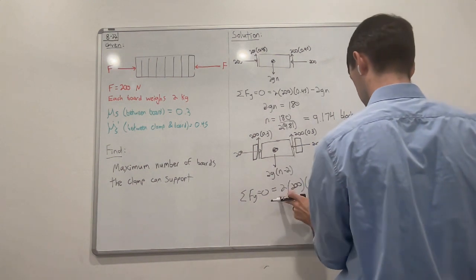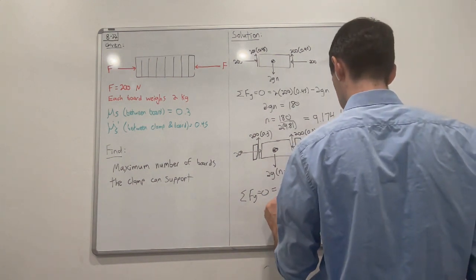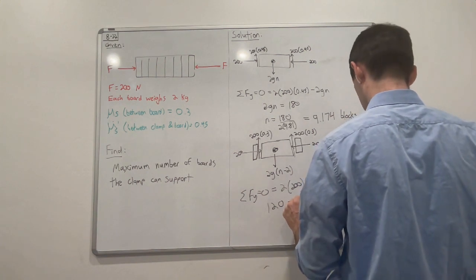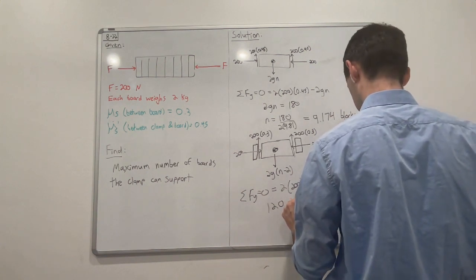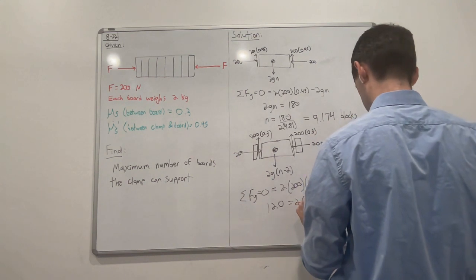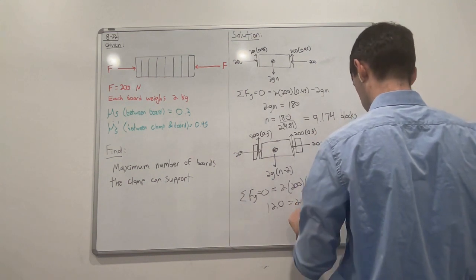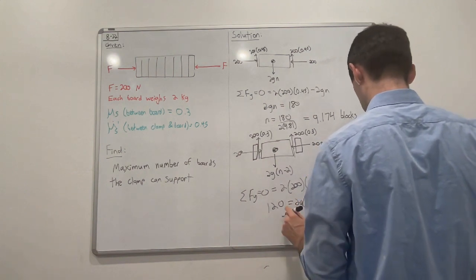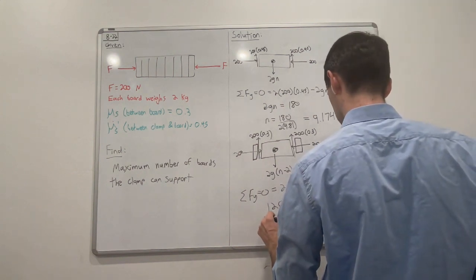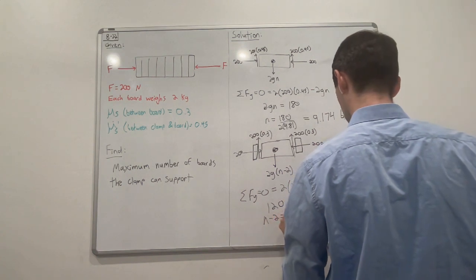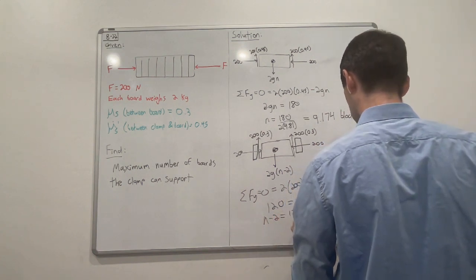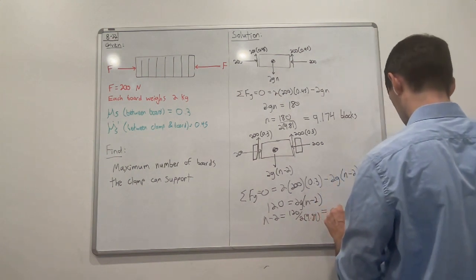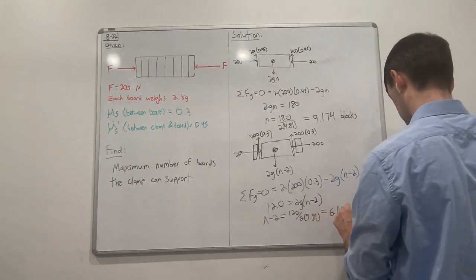This gives us 120 equals 2g times (n minus 2). That means n minus 2 equals 120 divided by 2 times 9.81, which is 6.1162.